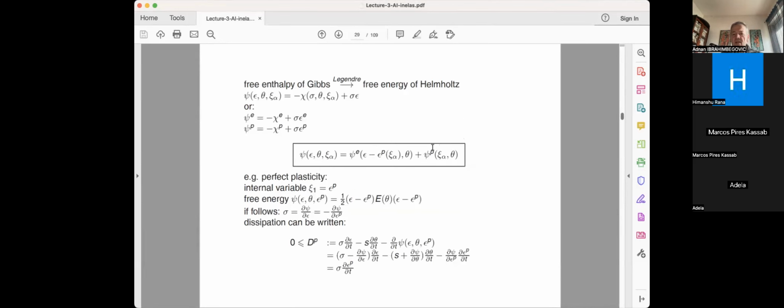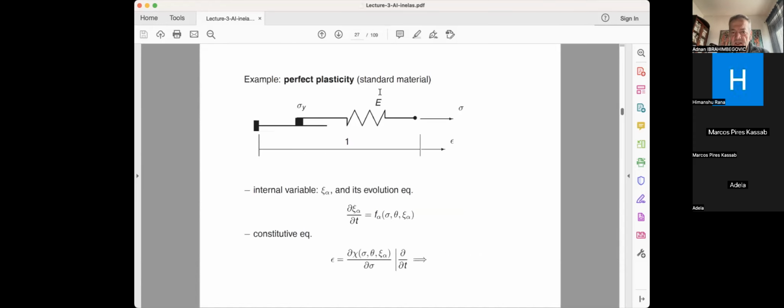The second ingredient that we need is to define a potential. So for perfect plasticity, we can define the potential to be the elastic part, which depends on the elastic deformation. This is the energy that is stored in the elastic spring. Recall there's an elastic spring, and you're applying deformation; you can store energy into this spring.